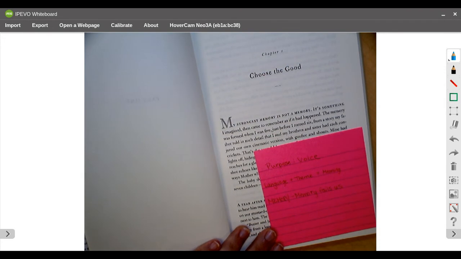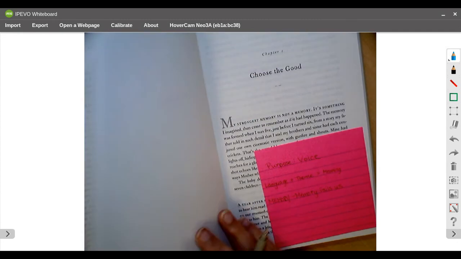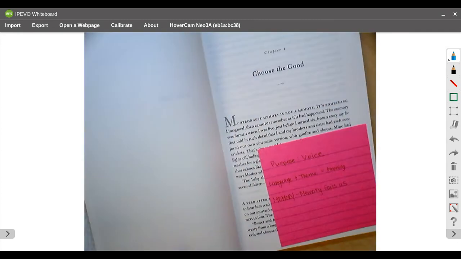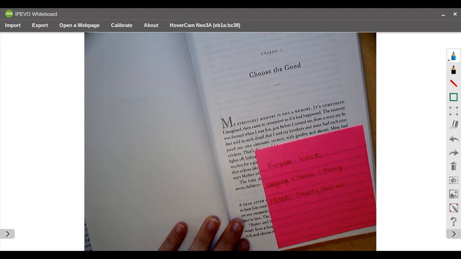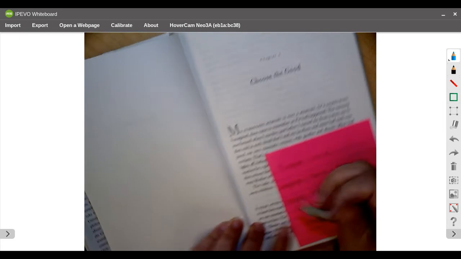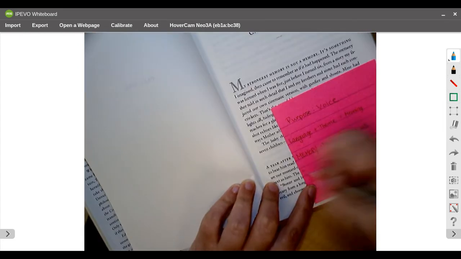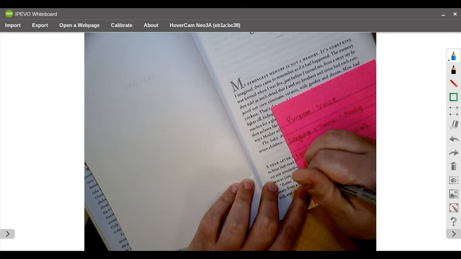Okay? Now, how does she, the author Tara Westover, use her voice to demonstrate that memory fails us? Okay, I look at that first line, "My strongest memory is not a memory." So I am going to reference this quote.